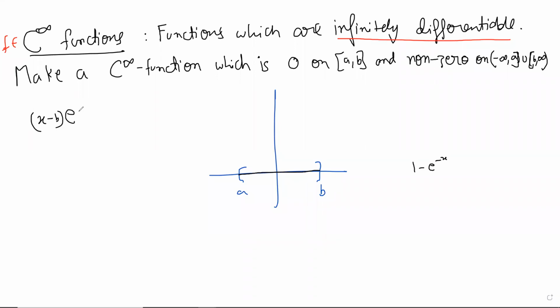E to the x minus b, maybe the x is factored and it's not in the bracket like x minus b. So the e is multiplied with b. Okay.